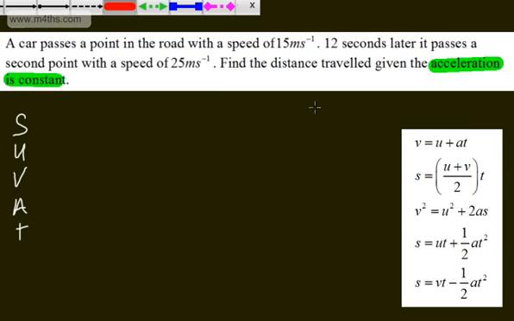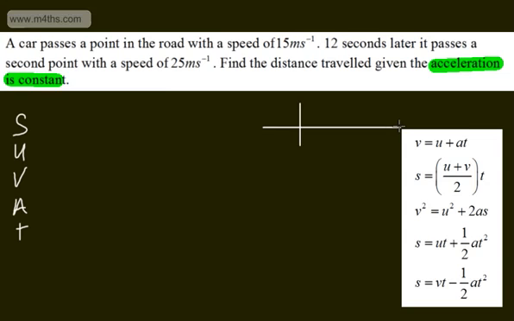If you wanted to draw this up, what we've got here is the following. We've got this scenario, so let's call this AB. Let's say that this is A, so it passes A and then passes B. We've got this initial velocity here of 15 meters per second. We're going in this direction here. We end up with the final velocity of 25 meters per second, and the time was equal to 12 seconds.